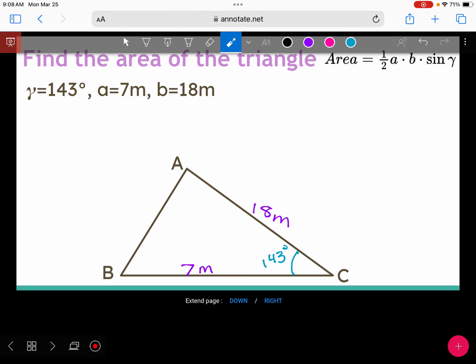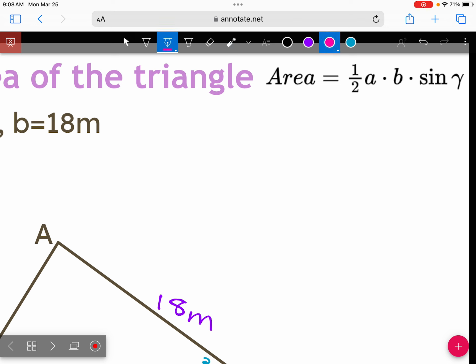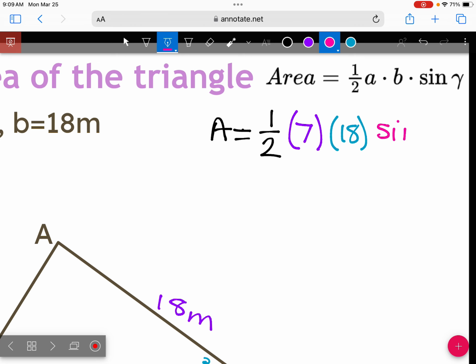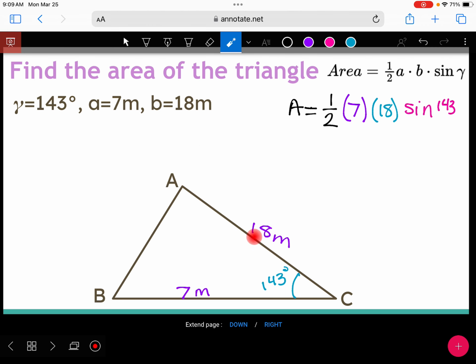So our area is 1/2 side A, our base, which is 7, times B, our other side, 18, and sine of the angle between them, which is 143. These are always going to be the two sides that touch this angle.